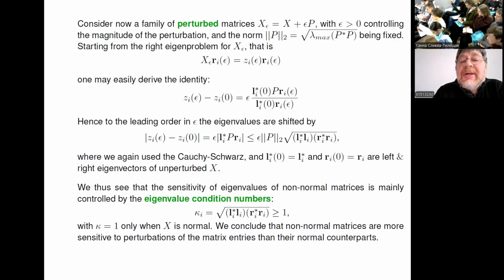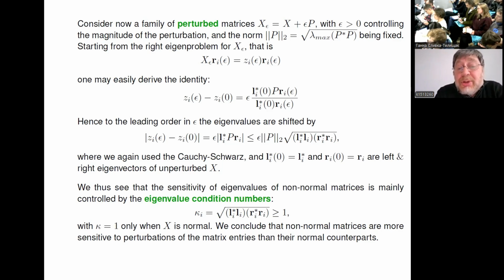So we immediately see, using biorthonormality, that the modulus of this difference between perturbed and unperturbed eigenvalue is basically equal to the perturbation sandwiched between the left and right eigenvectors corresponding to the eigenvalue that we perturb.